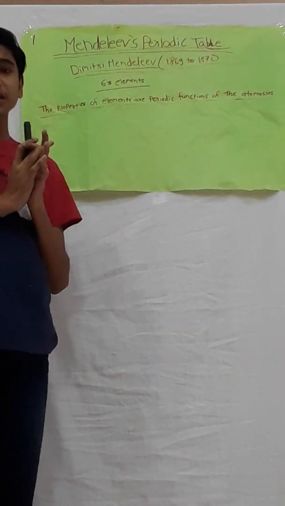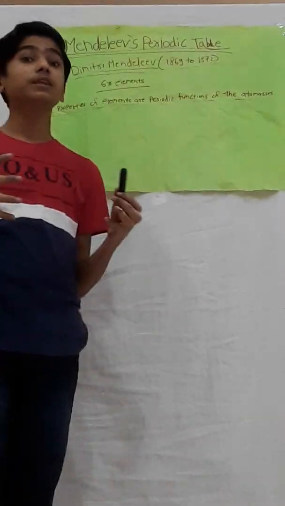The merits of Mendeleev's periodic table. First point. The atomic masses of some elements were revised so as to give them a proper place in the periodic table according to their properties.